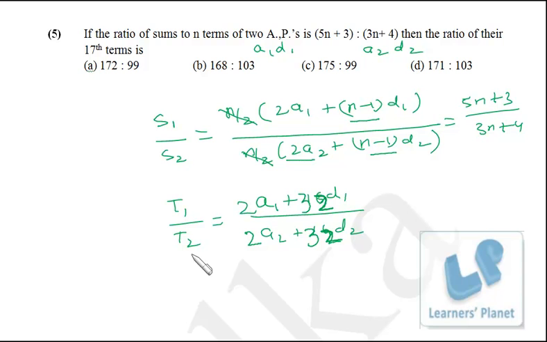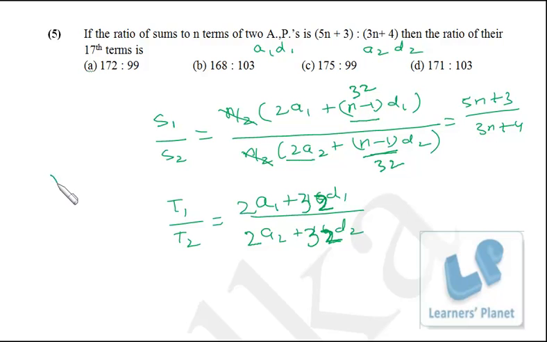It was A1 plus 16D1. I multiplied the numerator and denominator by 2. So what I'm getting is 2A1 plus 32D1 and 2A2 plus 32D2. Now if I compare this to this, if I put n minus 1 as 32, right? So this is the same thing, 2A1 plus 32D1, and 2a2 plus 32 d2.